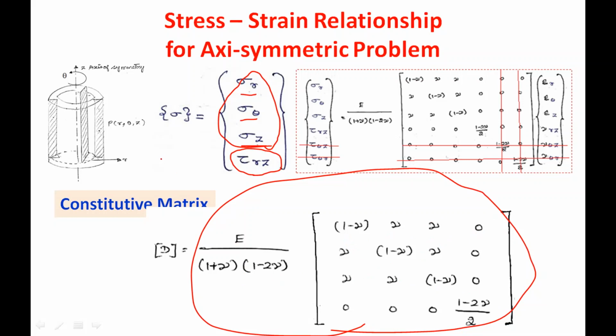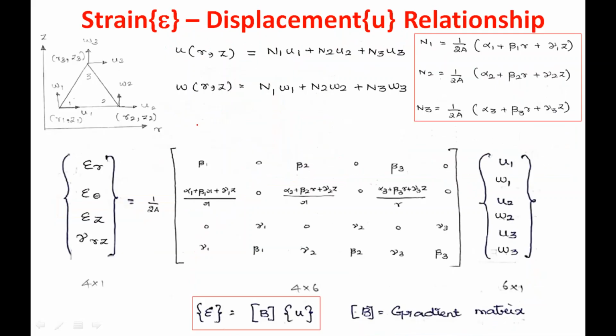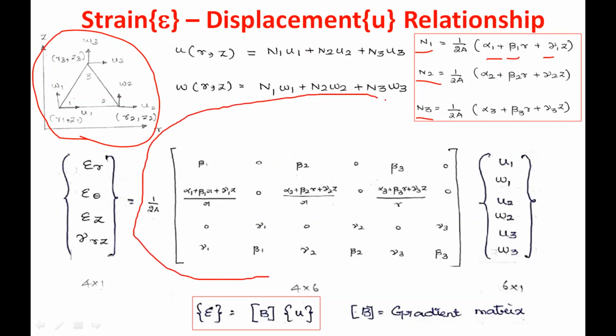Then we derived the strain displacement matrix using the constant strain triangular element, which has shape functions N1, N2, N3 in terms of alpha, beta, gamma. We have the gradient matrix, which is a 4 by 6 matrix.